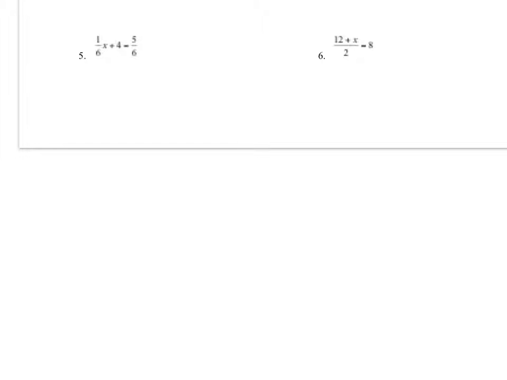Okay, number 5. My denominators are 6 and 6. Okay, so for 6 and 6, not much to figure out here. I'm going to multiply by 6. So times this one by 6 and times this one by 6. Everything gets multiplied by 6, even if it's not a fraction. Okay, next step, 6 divided by 6 is 1. 1 times 1 is 1x.